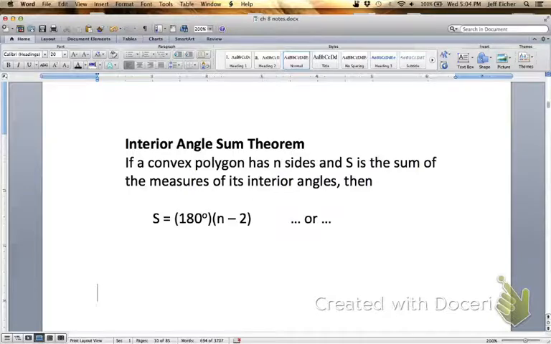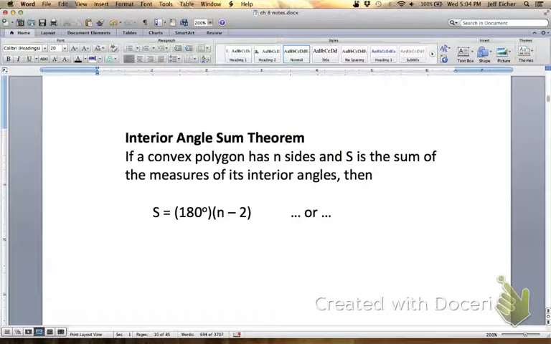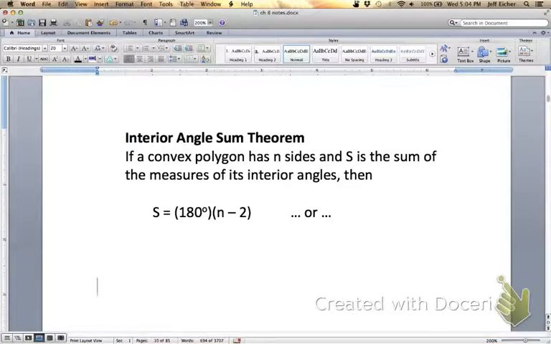On to the notes. You should have already written this theorem down in that packet, but it might be helpful to have it written in your notes. Make this bigger just in case.